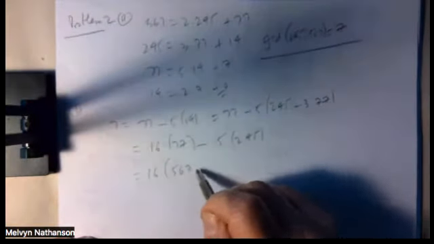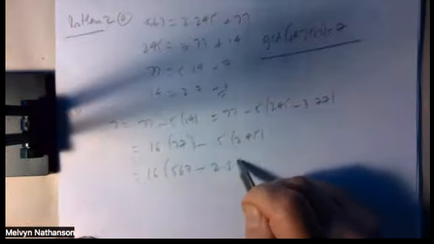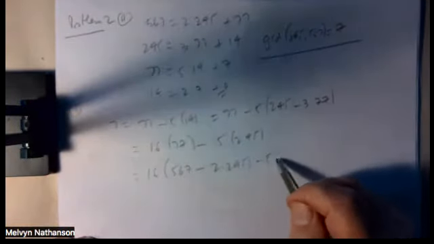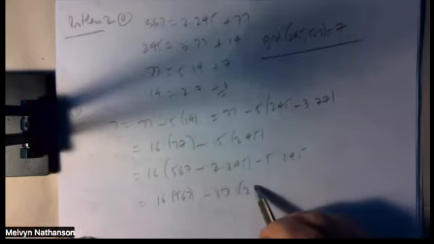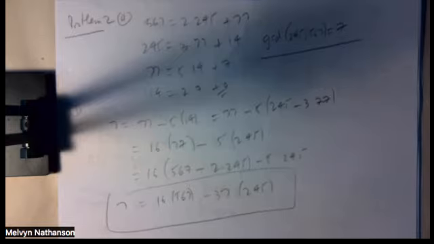And from this, 77 is this minus this. 77 is 567 minus 2 times 245. So I have 16 times 567 minus 32 minus 5, minus 37 times 245. So this is 7 as a linear combination with integer coefficients of 567 and 245 obtained directly from the Euclidean algorithm.